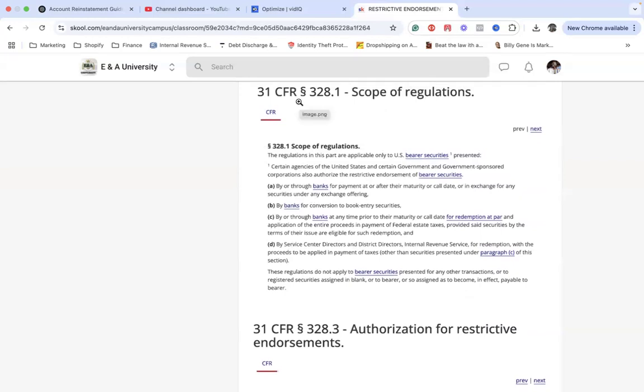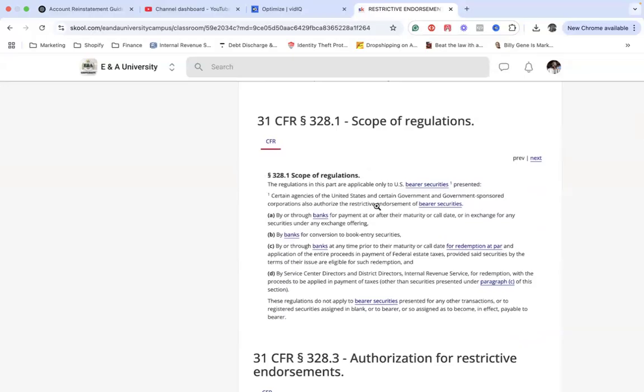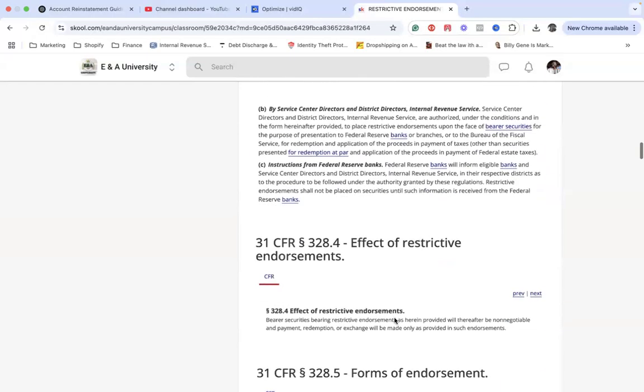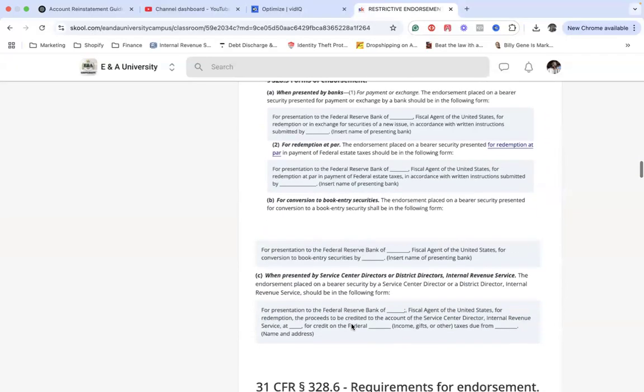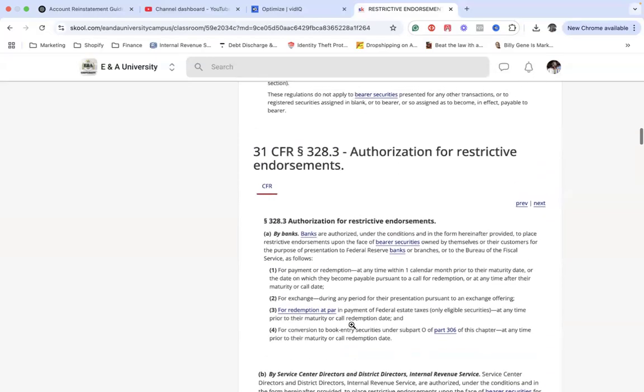So these are the laws, guys, right? And I always like to show you where I'm getting this information. I didn't write these laws. I'm just interpreting and sharing with you what I think based off of what I'm reading here, and this is for you guys to go back and read and reinterpret.